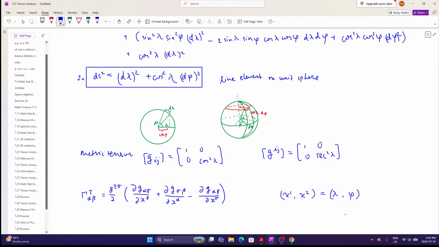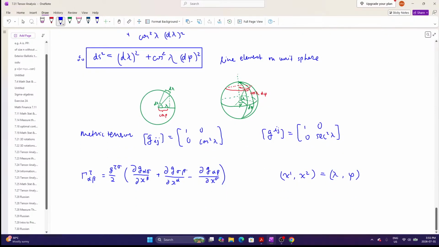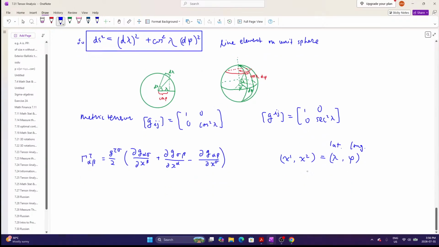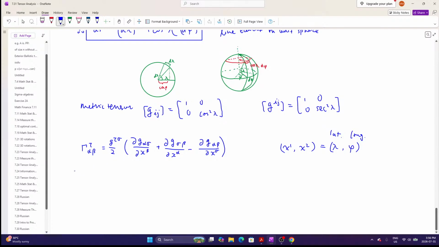Okay, I am back. Let's now calculate the Christoffel symbol on the unit sphere under our parameterization: latitude, longitude. So the first equation should be gamma. Let's fix 1 on top.